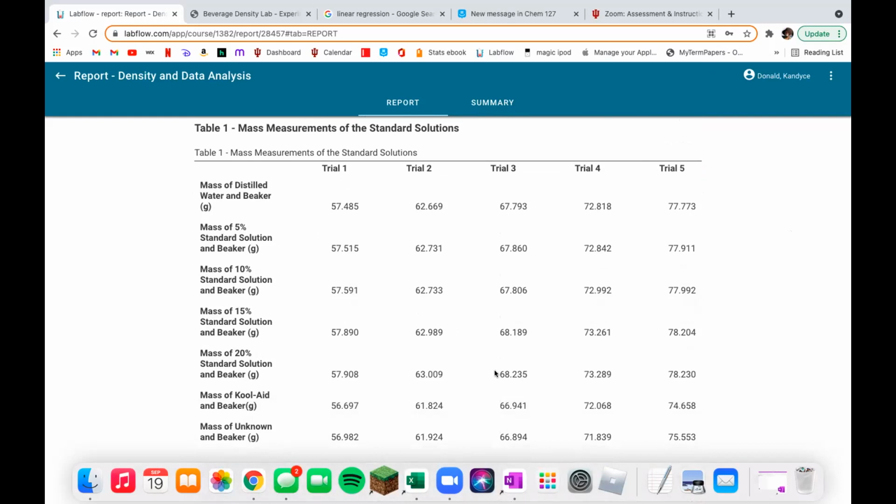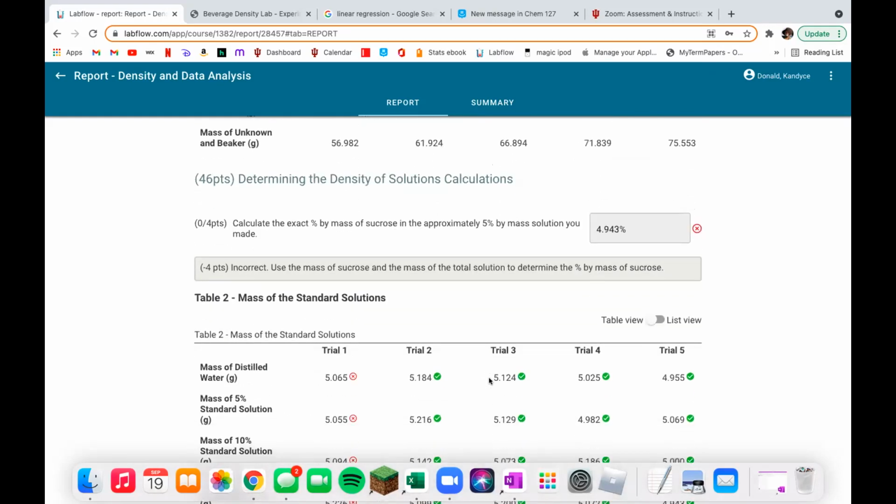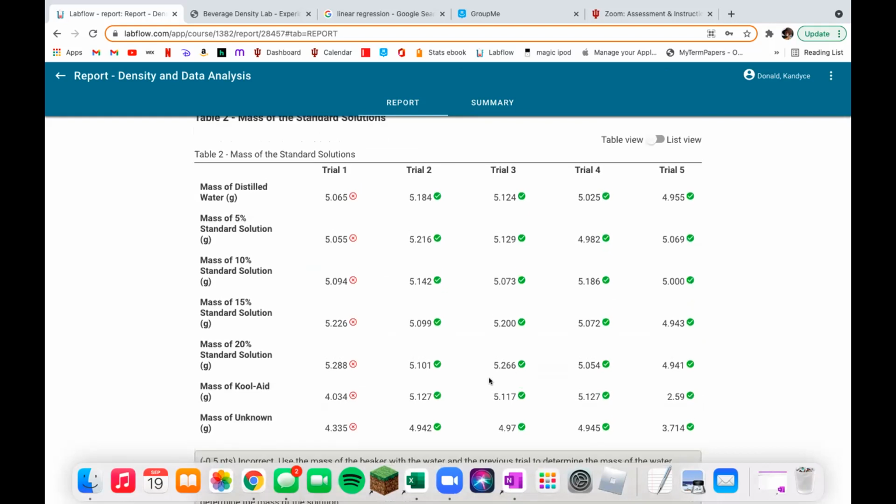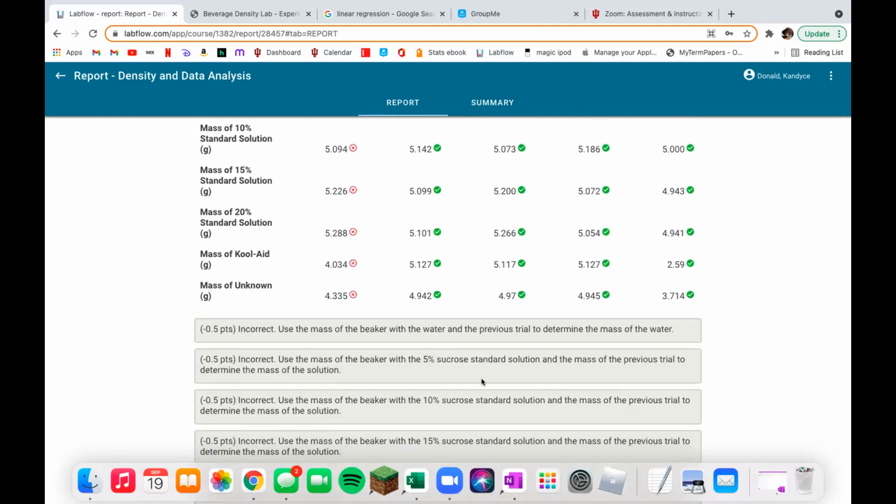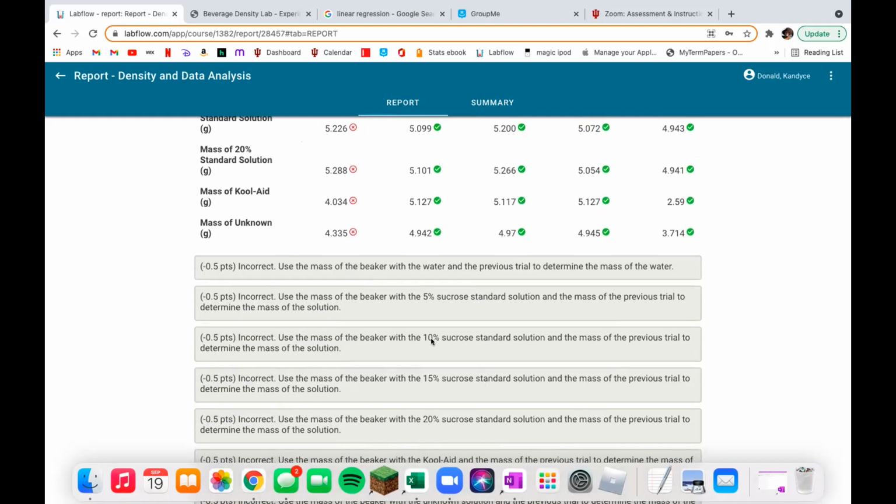So go back down to where it said, why are all of those incorrect? That's what we were trying to figure out too. We had no idea. And it's saying all of this, but I don't even know what it's talking about for a previous trial. Okay, so the previous trial would just be the mass of the beaker.